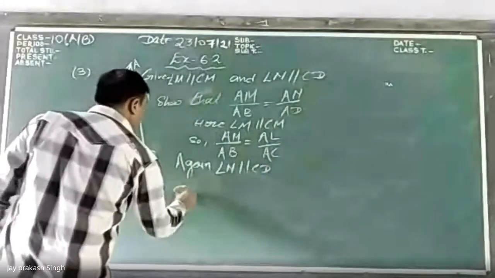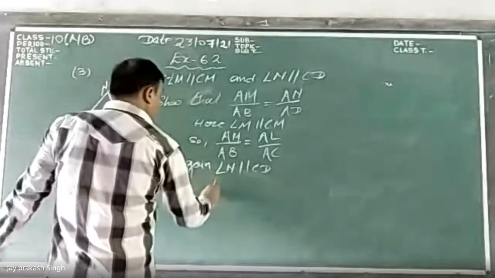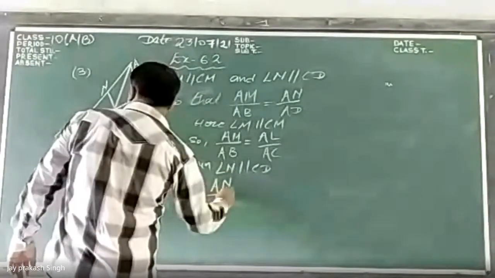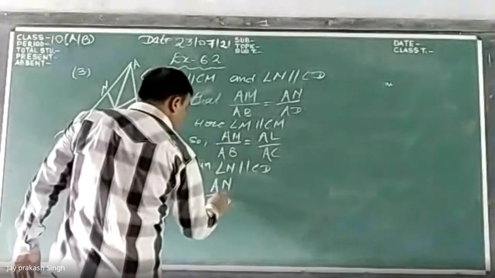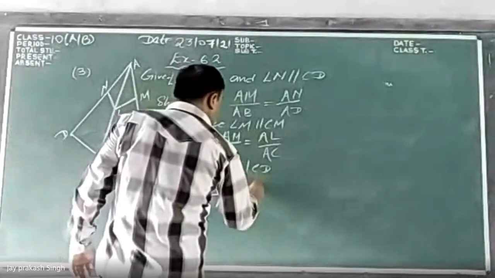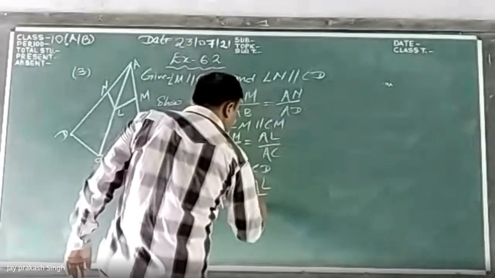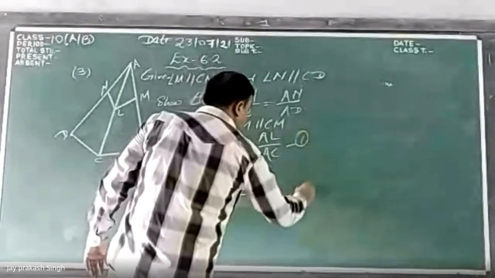So you can write down AN by AD equal to AL by LC.